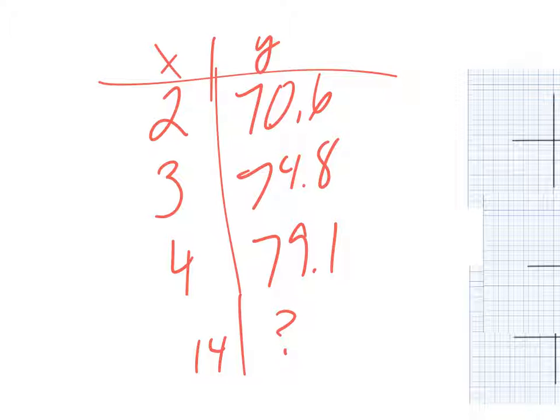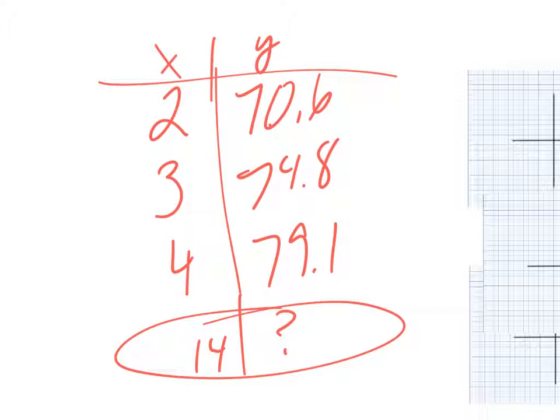And then you're trying to figure out, if I gave you x is 14, what would that yield? And you can do this with the table, but if you do it with the table, you're going to have to enter it onto the y1 equation. Like you'd have to put the equation you have found onto y1 somehow.